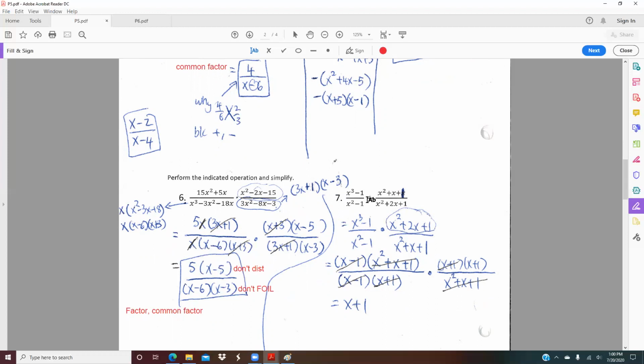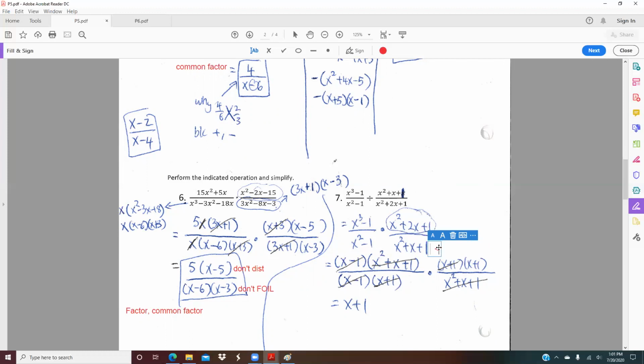Division. To divide, you change the divide to multiply, and then you flip the back one. And then you begin to factor them 4 times. So this is a perfect cube factor, which will become x minus 1, x squared plus x plus 1. This is a difference of squares, x minus 1 and x plus 1. This x squared plus 2x plus 1 is also factored, becoming x plus 1, x plus 1.